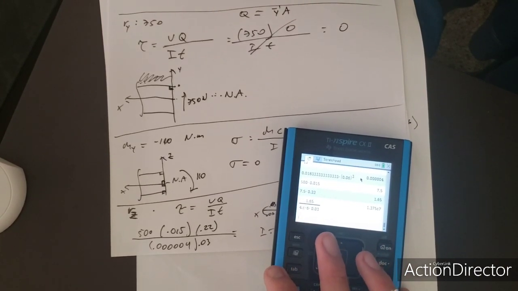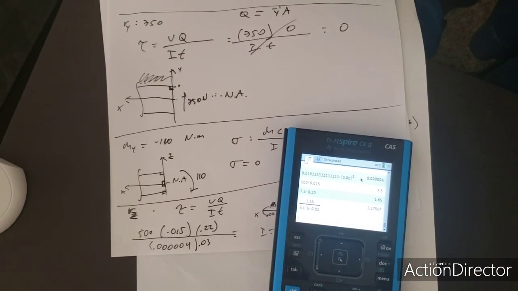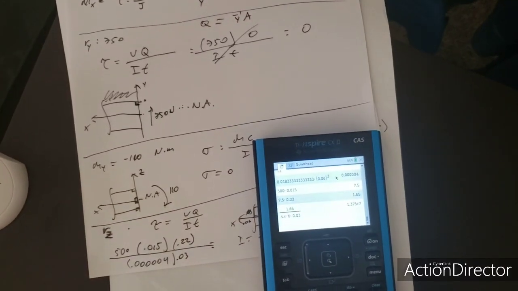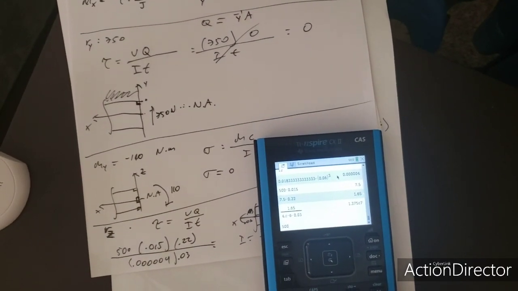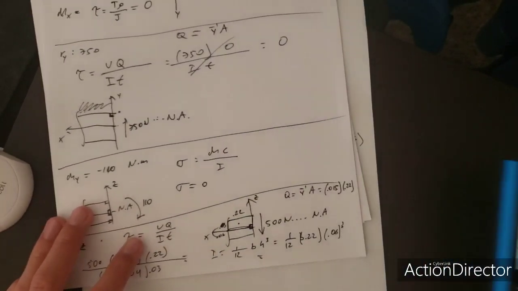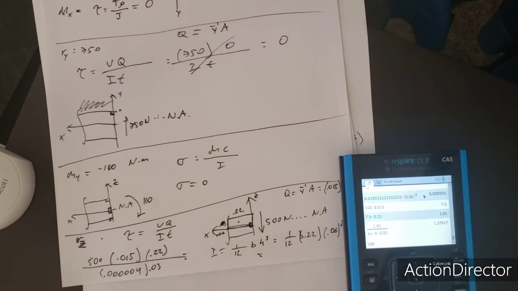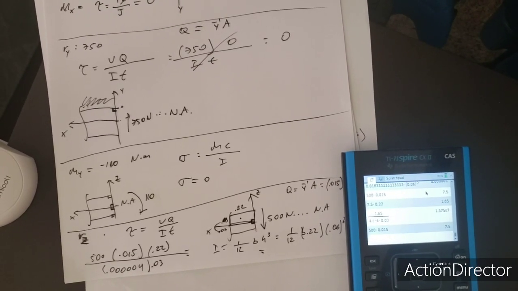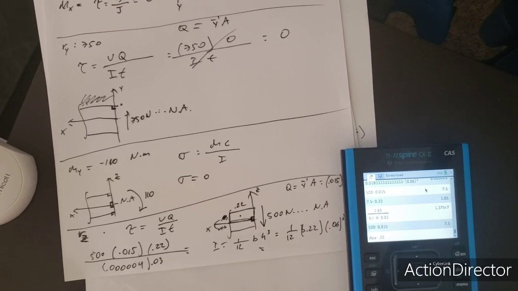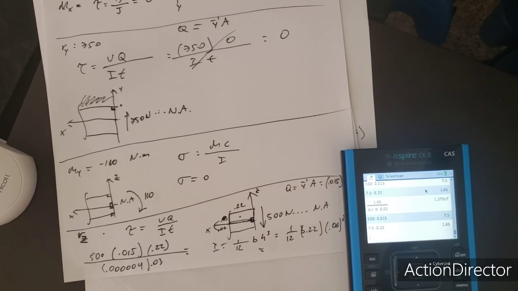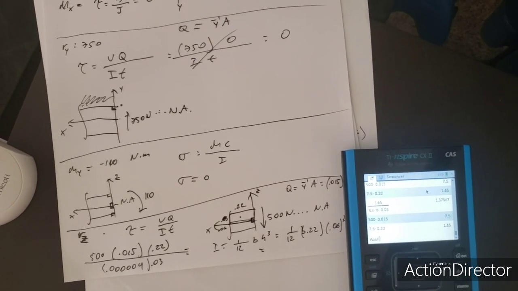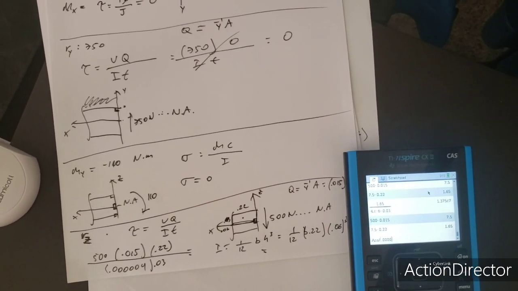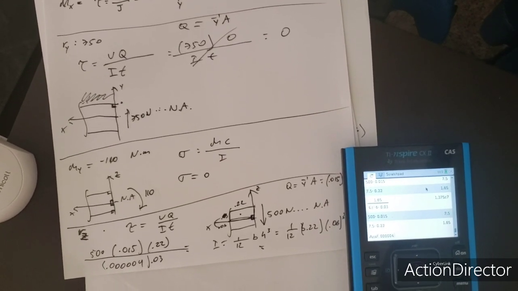1.37. Is that right? Did I do it right? Let me try it again, because earlier I got something else. Times 0.015 times 0.22 divided by that moment of inertia, times 0.03.